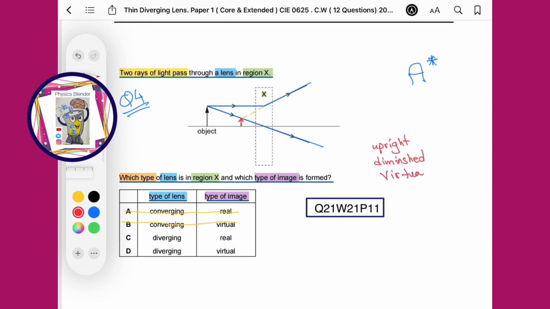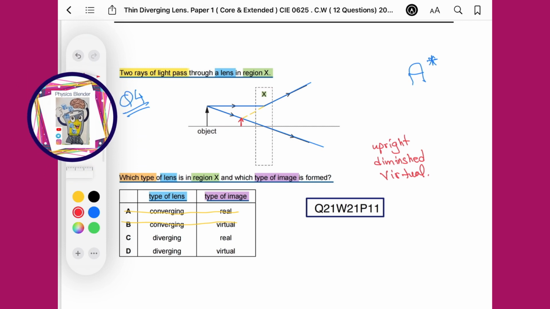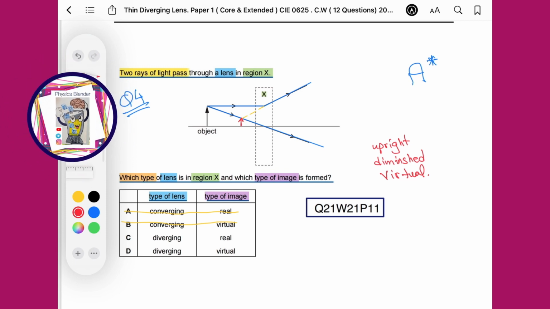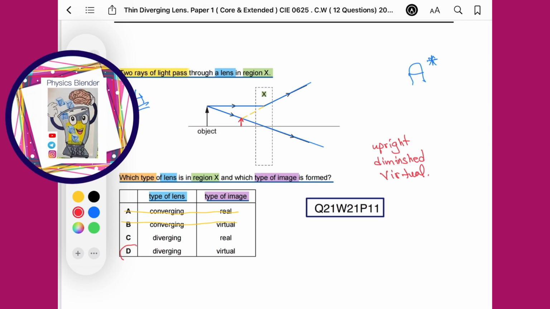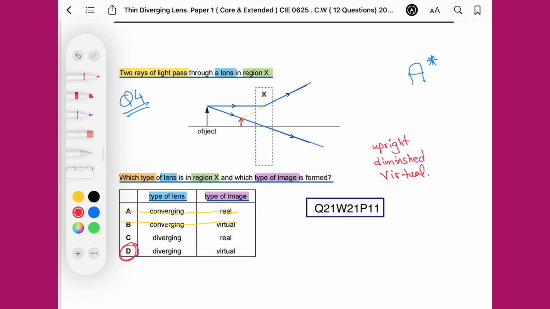Why virtual? We extend one of the two rays, so it's formed by extension of rays and it cannot be received on a screen. Is it clear? So the correct answer for question 4 is D. The image is virtual and the type of lens here is diverging.